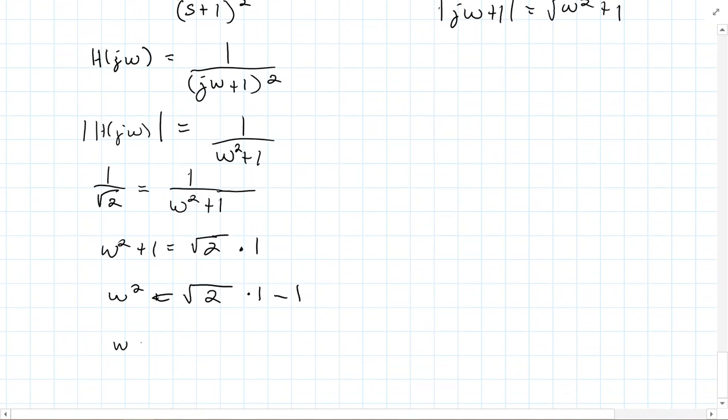and then omega would be the square root of the square root of 2 times 1 minus 1. So let me go ahead and punch that into my calculator real quickly here.